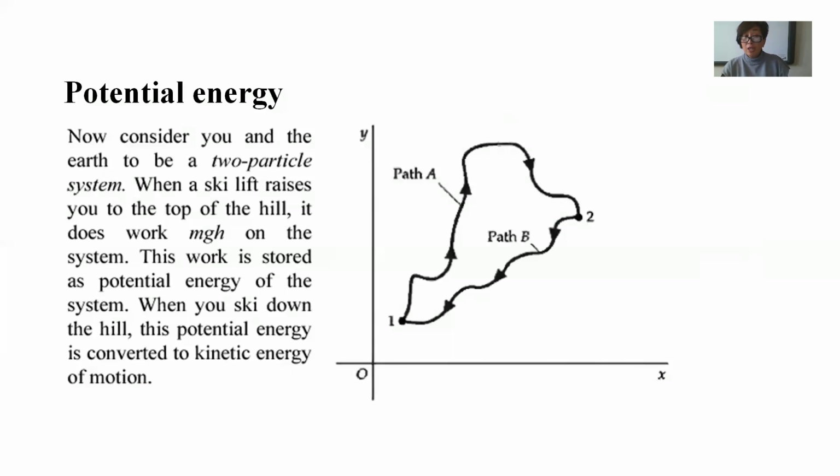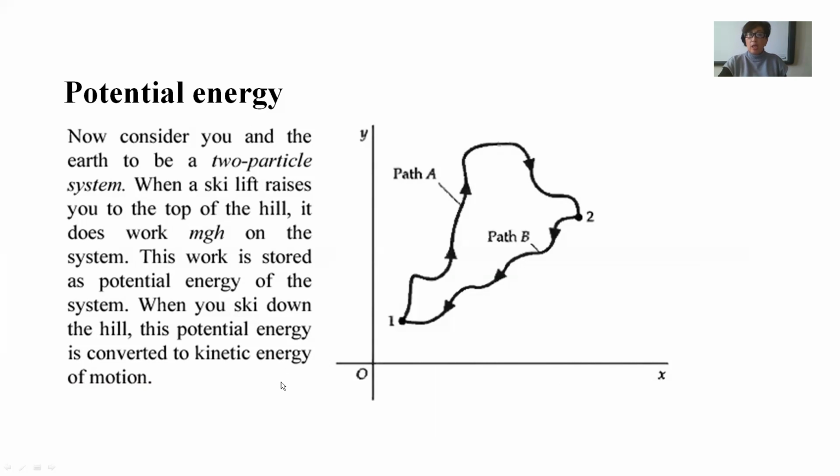Okay, and now the potential energy. Kinetic energy may be only positive, but potential energy may be positive or negative. Here, this is a graph of Y versus X. Now consider a two-particle system.